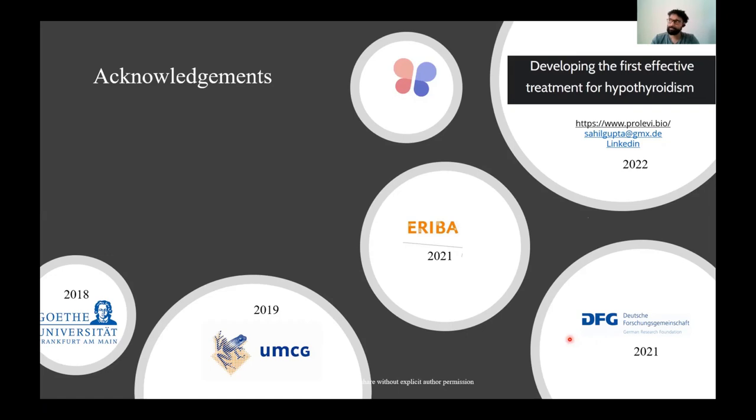My time at the iPSC CRISPR Center, and finally, currently, I am working on an autoimmune disorder, like was introduced earlier, where we really try to help patients suffering from this disease and find a proper cure. And with that note, I'm happy to take any questions that you have.